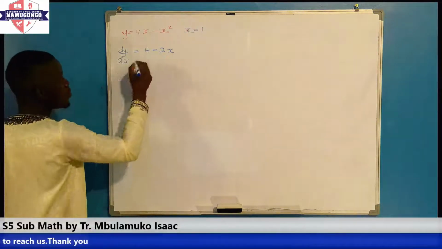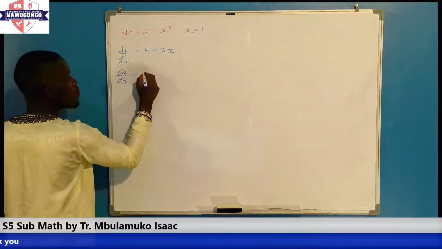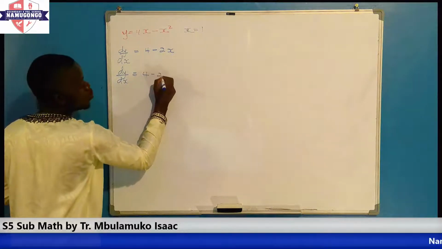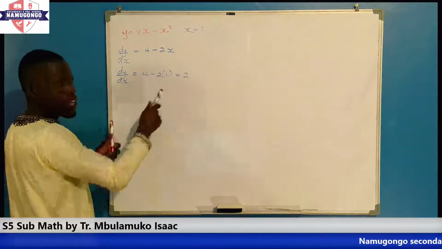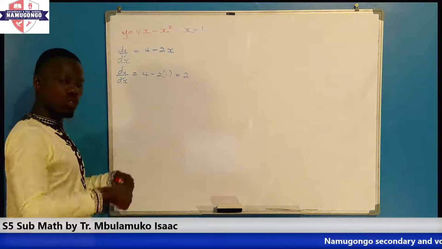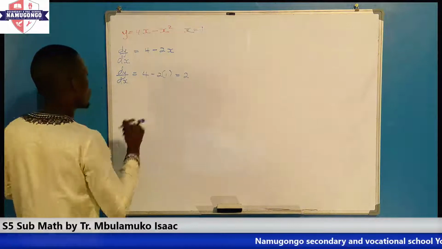When we substitute in our 1, our gradient therefore is going to be 4 minus 2 times 1, which gives us 2. So this is the gradient of the curve, remember, and it is also the gradient of the tangent, because we say they are equal at that point.